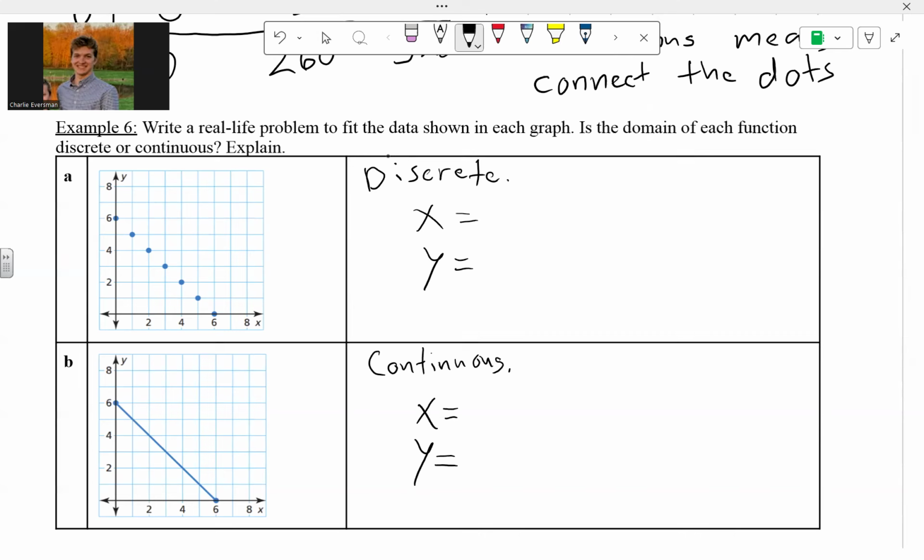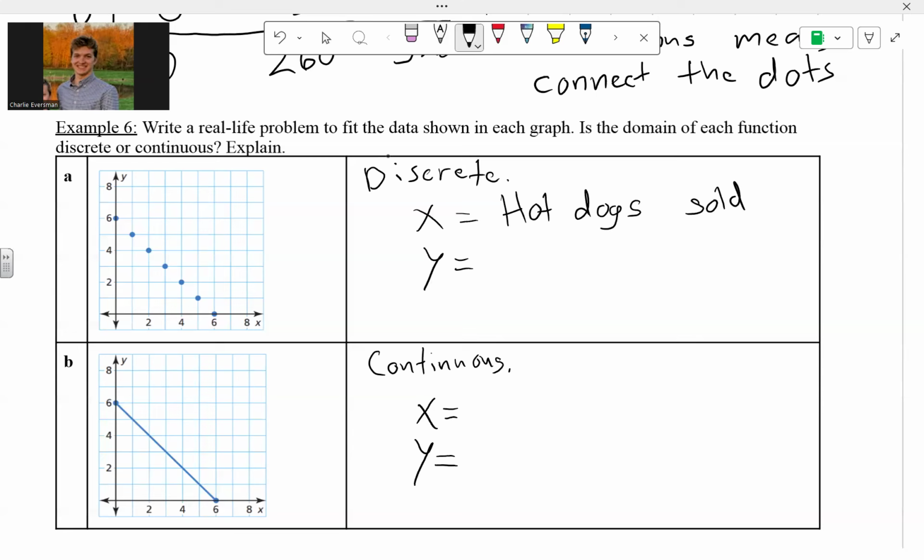I was really liking this example from my other classes. I think my period 3 did this one. They said that if my x variable is the number of hot dogs sold, so put yourself in a concession stand seller's position here. X is going to be hot dogs sold.